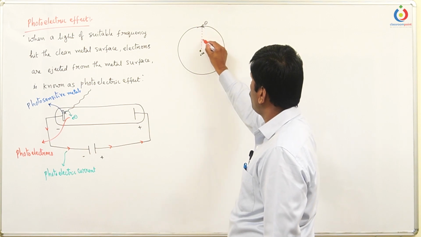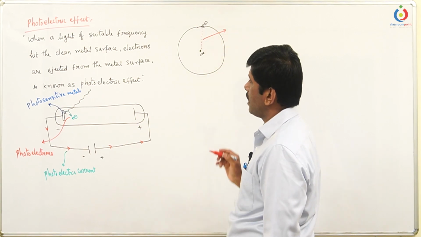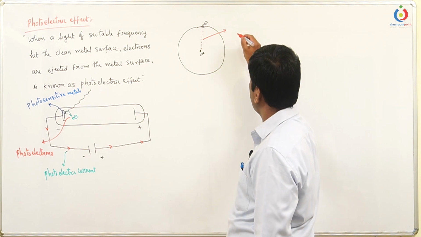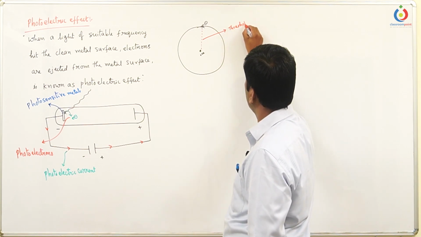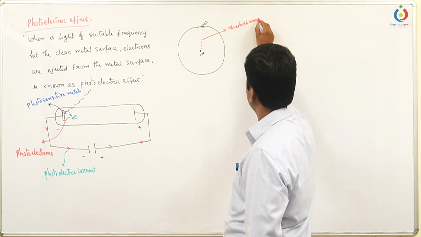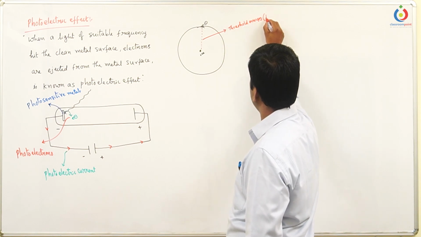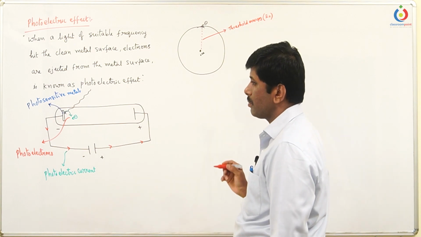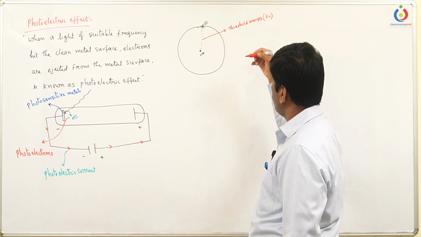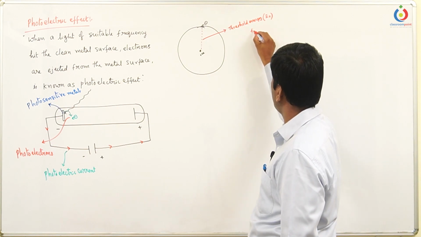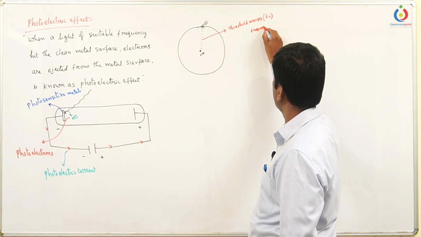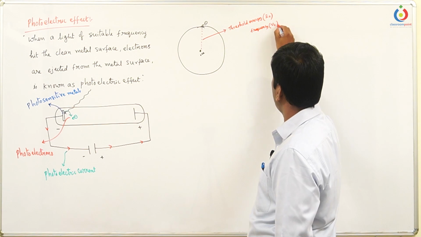So the energy required to overcome the nucleus attraction here is known as threshold energy. It is represented by E naught. In terms of frequency, this one is known as the threshold frequency, nu naught.